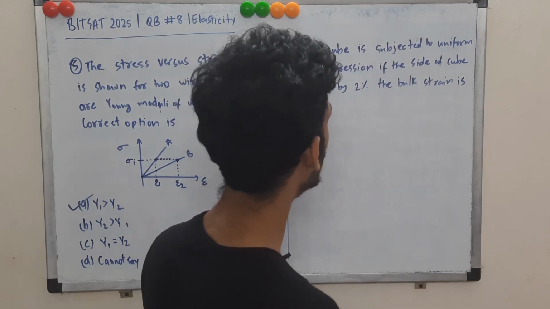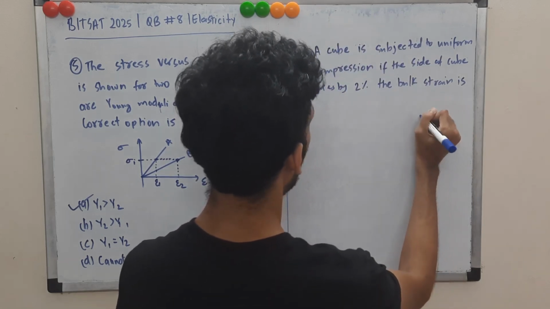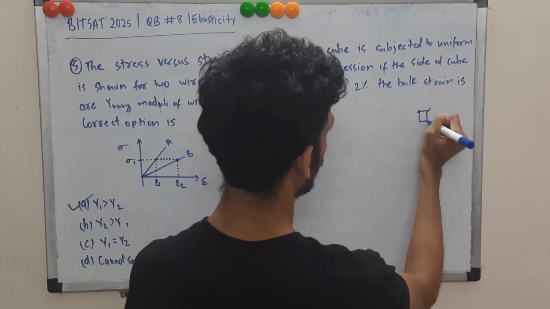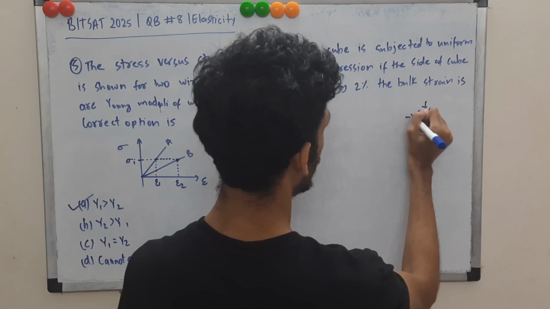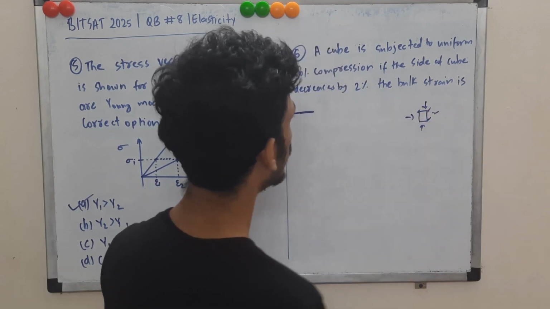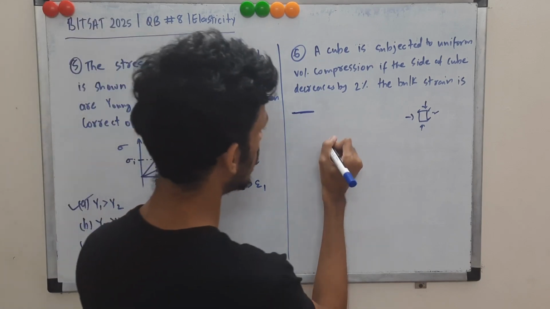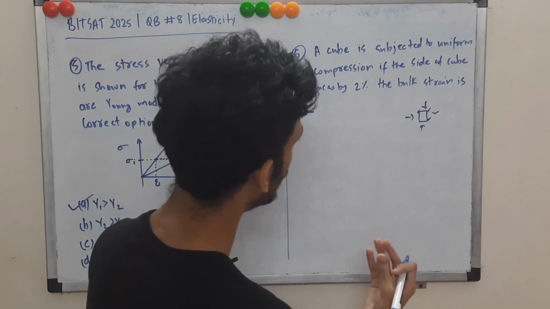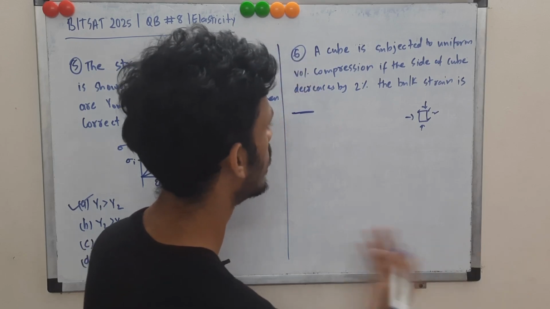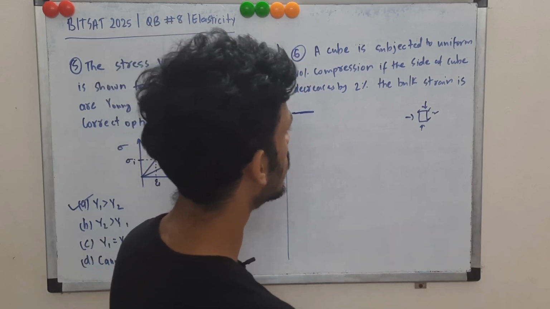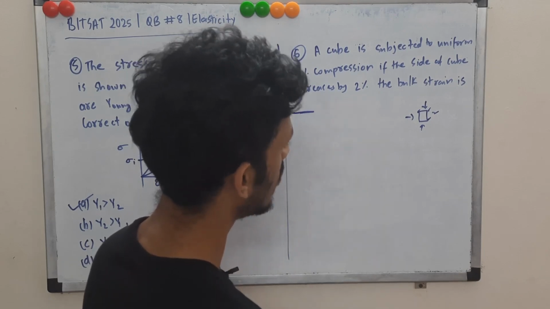Here we have a cube which is subjected to some compression, bulk compression. So yeah, bulk compression is happening on this cube. Okay, so if the side of the cube decreases by 2%, so the decrease in the side is 2%, or we can write it as minus 2%. So since it's decrease, the bulk strain will be.